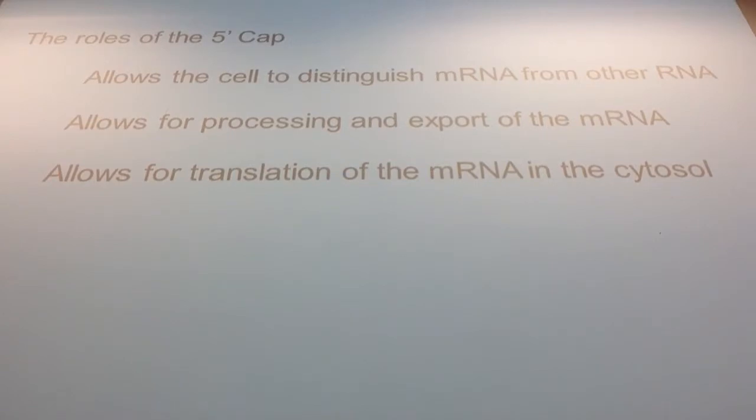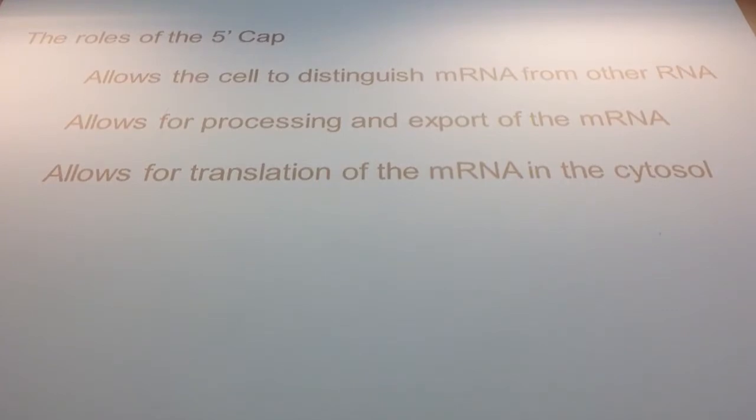The fourth function is that the cap is involved in the regulation of the initiation of translation. Once in the cytosol, the cap is involved in the regulation of the initiation of translation.